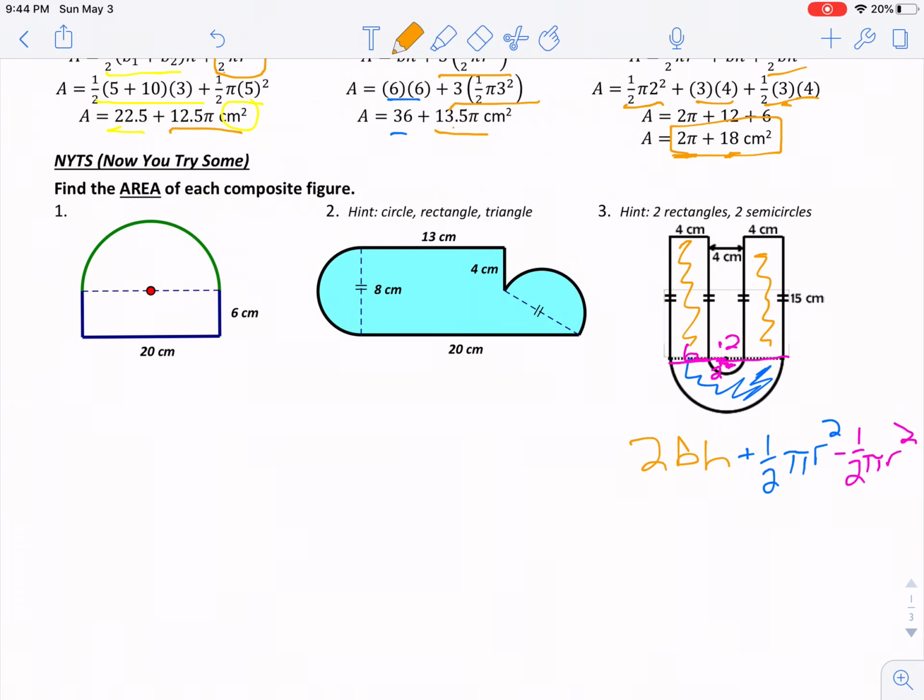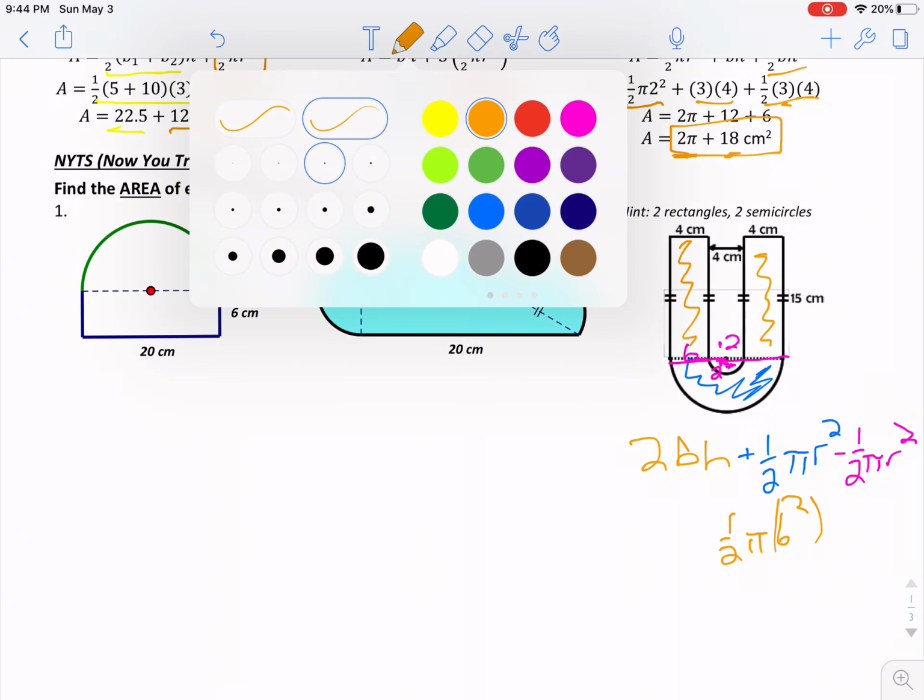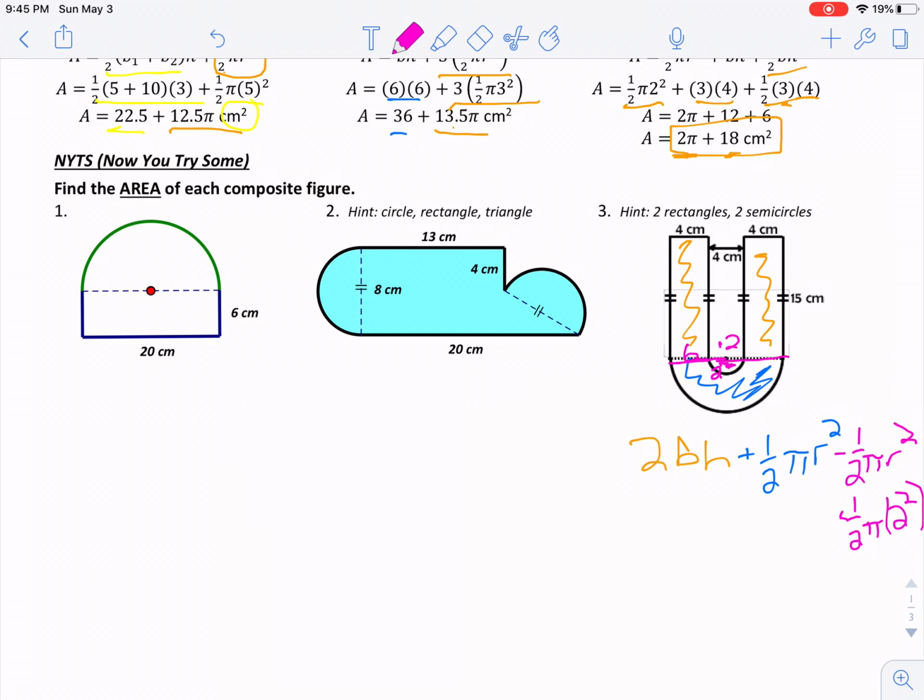So we'd get 1/2 pi times 6 squared minus 1/2 pi times 2 squared. Oh, I should have done this part in blue. Sorry, guys. I'm going to change that real quick for you.